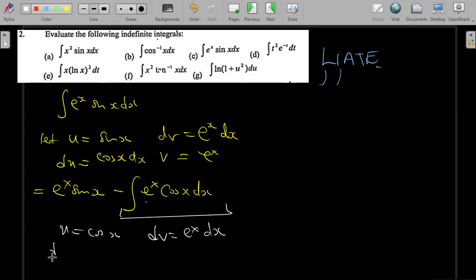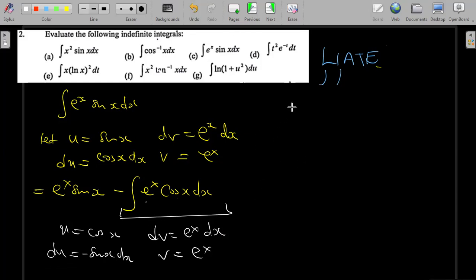When I differentiate, I get du equal to negative sine x dx. Then I integrate dv to get v, which will be e to the x.